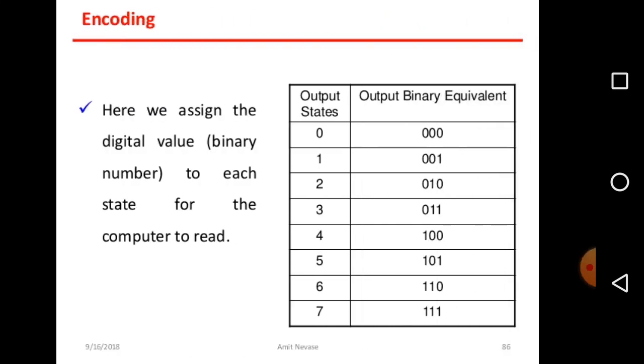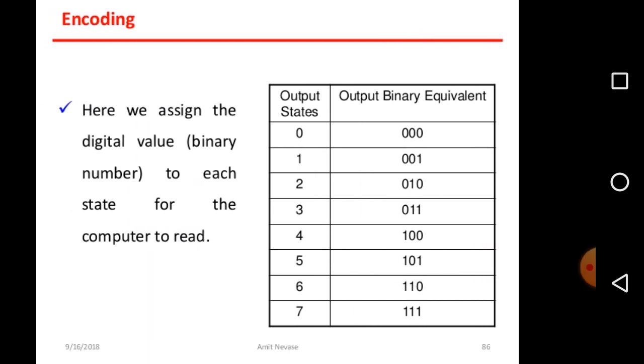Now encoding. Here we assign the digital value or binary number to each state for the computer to read. That is output states 0, 1, 2, up to 7, and output binary 000 to 111, that is 0 to 7.